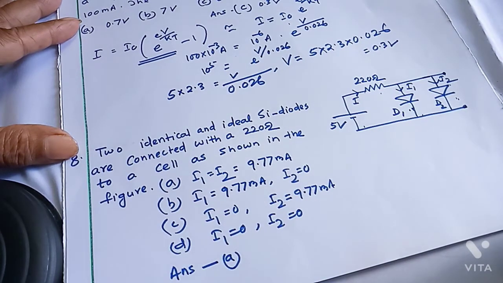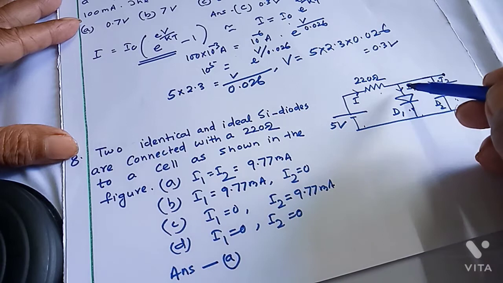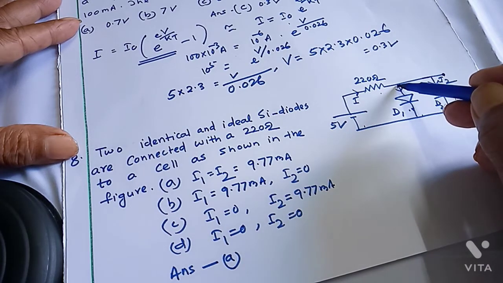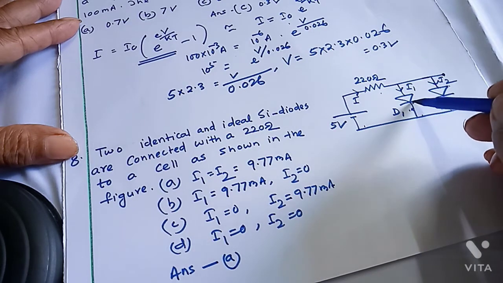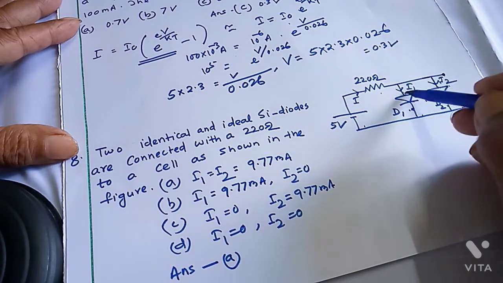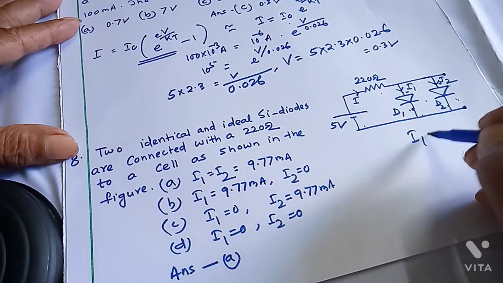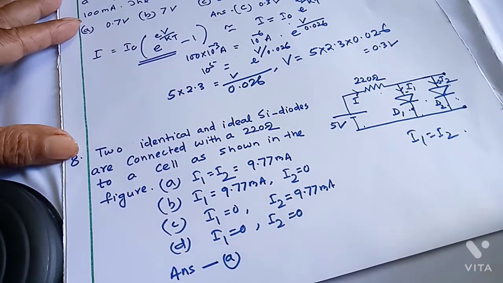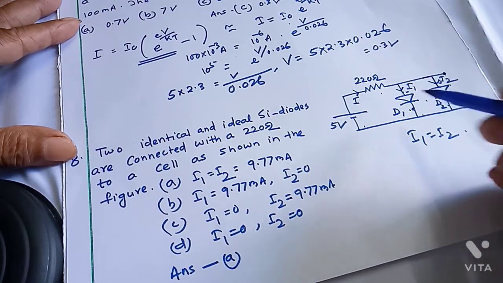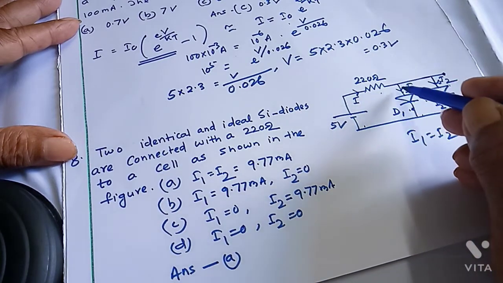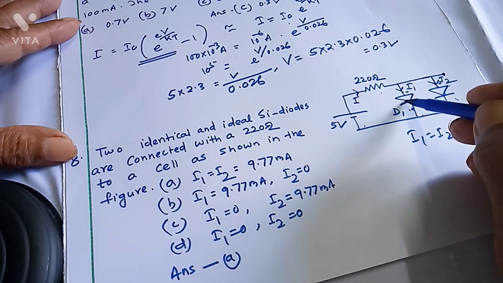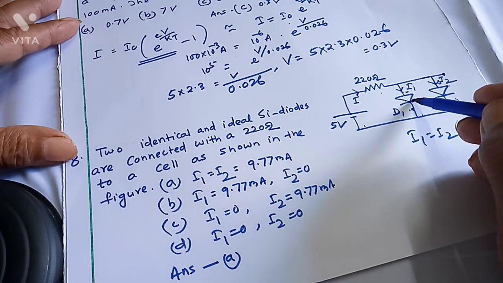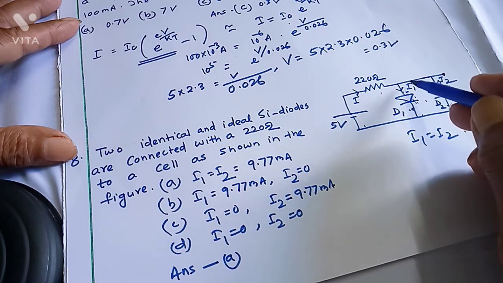There will be current, and this current partly flows through D1 and partly through D2. Since they are ideal, these two currents are equal, that is I1 is equal to I2. Now when a current flows through this diode, the internal drop, that is 0.7 volt, must be taken into consideration because this potential opposes.